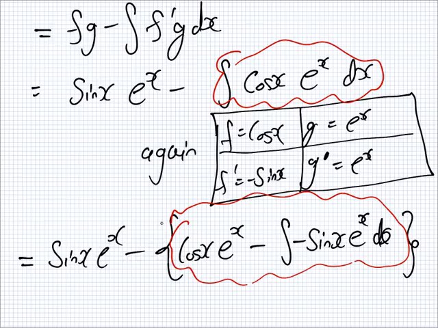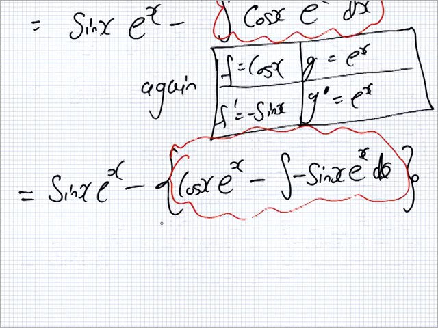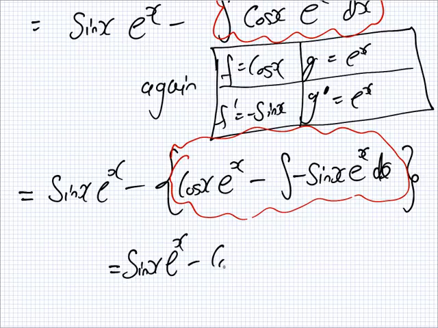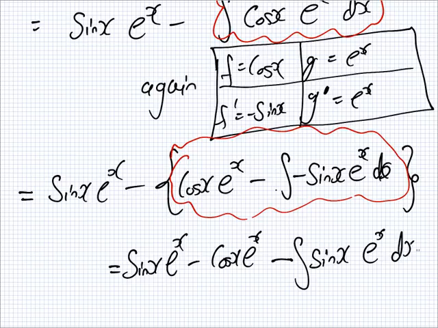Okay, so what I'll do next is I'll put the minus on the inside. So this equals sin x e^x minus cos x e^x minus the integral of sin x e^x dx.